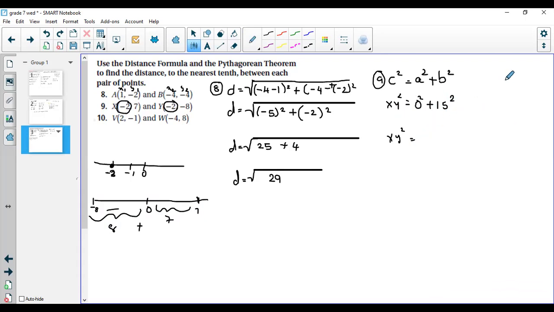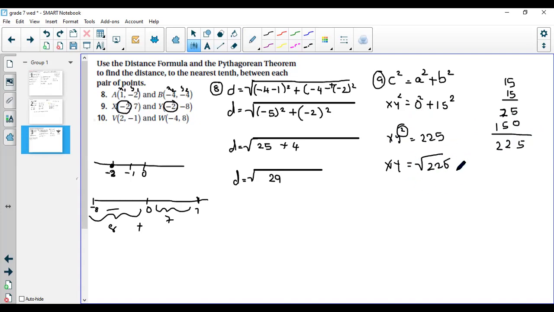Now if I multiply 15 by 15, I will get the answer as 225, right? 15 square is 225. Now I have to remove this square again, so instead of finding the root again, I need to rewrite the question in this form: 225.